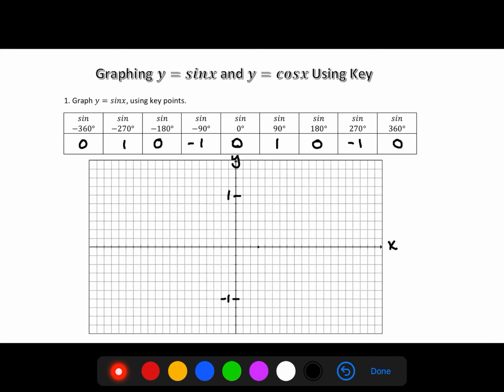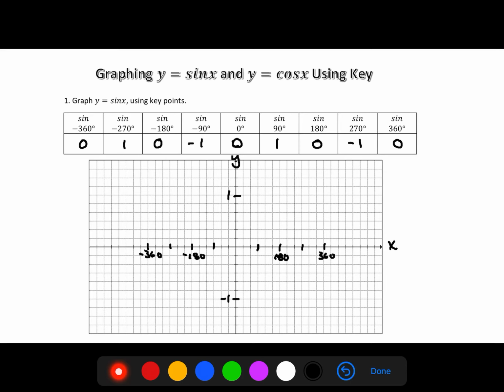So what we're going to do is make 90 degrees every 3 blocks, which means that 180 is going to be every 6 blocks. Again, we don't necessarily have to label every single one of them, but we want to make sure that we have places that we can plot very easily.